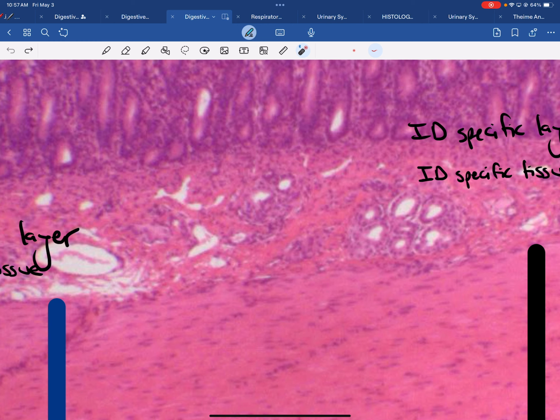Is it supposed to be the mesenteric, not the mesenteric plexus, but the... Submucosal plexus. Good. The submucosal plexus or the Meissner's plexus. Good.